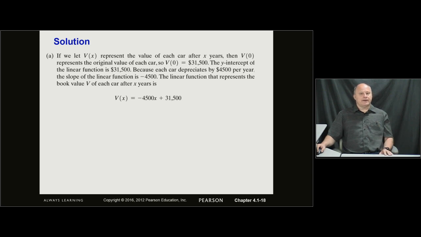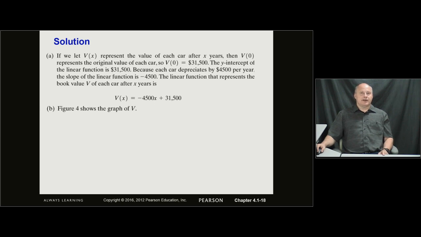But 1 year later, you plug in negative $4,500 times 1, add $31,500, and the car is going to be worth $27,000. So in year 1, the car is worth $27,000. Year 2, you just have to plug 2 in and see what happens. So this is a linear relationship. That's your equation, part B.